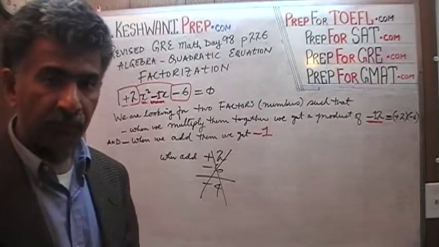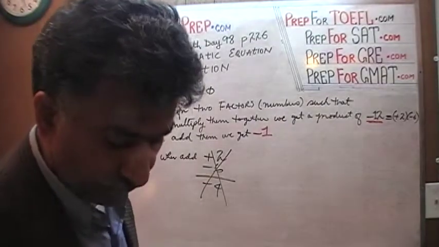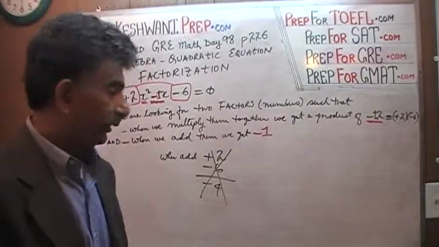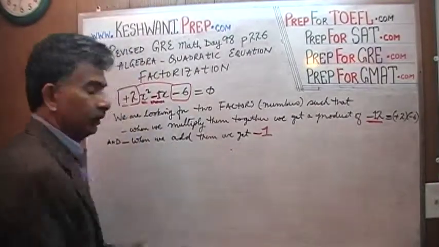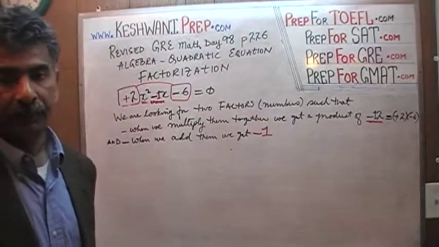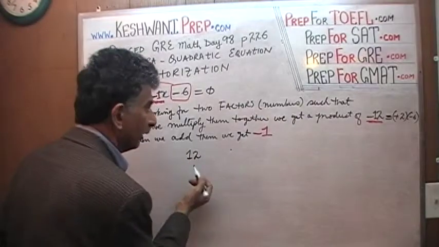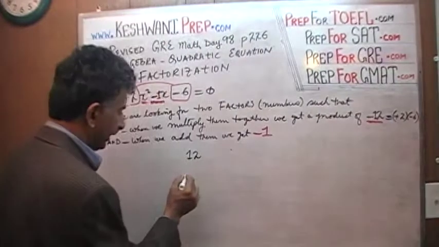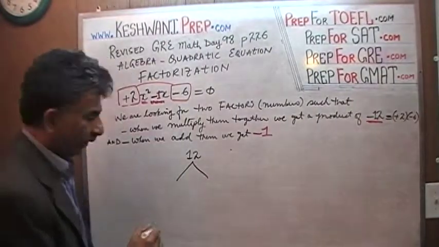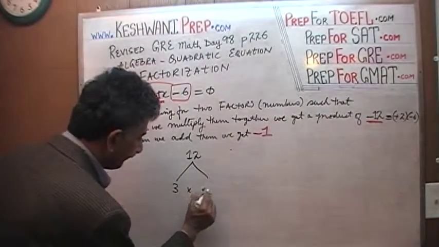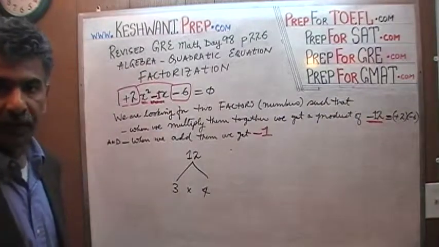We have to think of brand new numbers. So can you think of two numbers which when multiplied together will give us a negative 12, and when we add them we get negative 1? Well, that's very straightforward. We're looking for 12. The fact that it is negative, we'll worry about that in a second. How about 3 times 4? 3 times 4 will do the job.